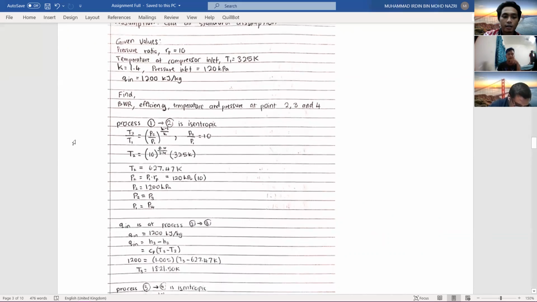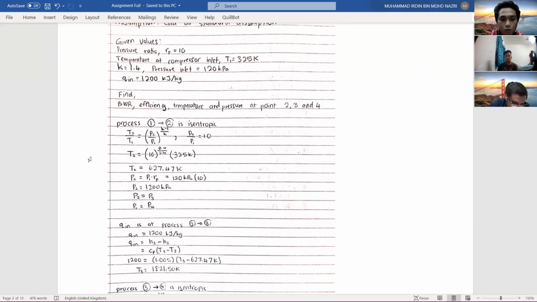Okay. So if we look back at the diagram as before, process 1 to 2 is an isentropic process. So we can use this equation: T2 over T1 equals P2 over P1 to the power of (k minus 1) over k. By using the given value of P2 over P1 equal to 10, we can get the temperature at point 2 equal to 627.7 Kelvin.